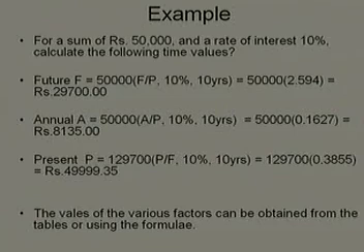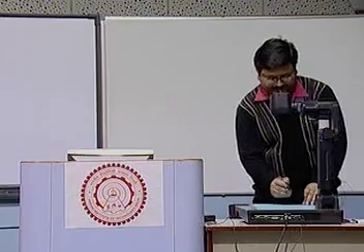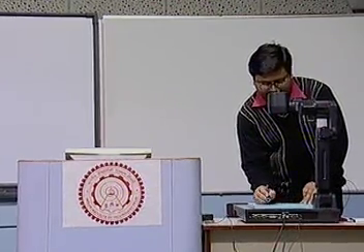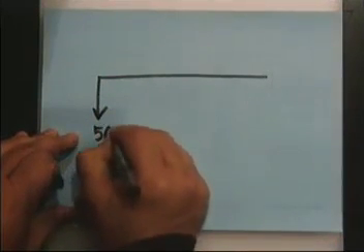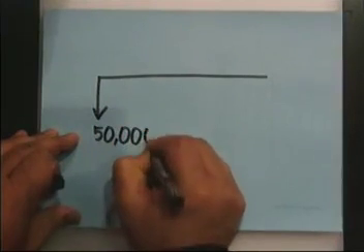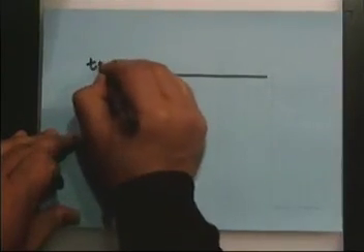For example, this is a very simple sum in which you are given rupees 50,000 at time t equal to 0. If I draw it in a cash flow diagram, rupees 50,000 at time t equal to 0.